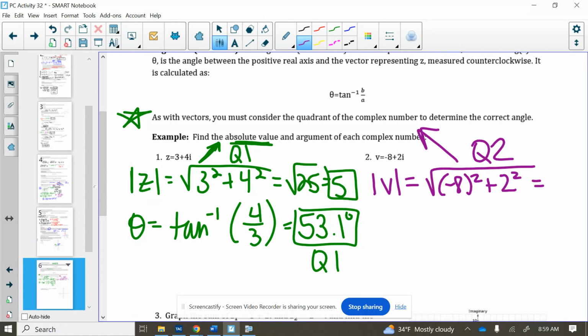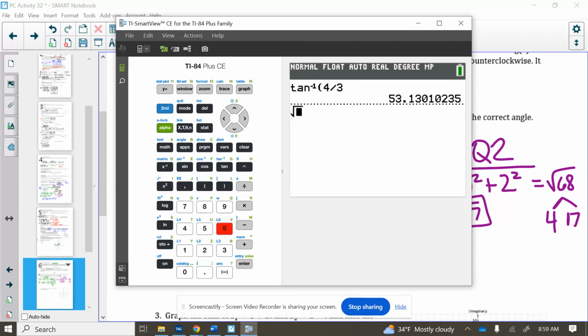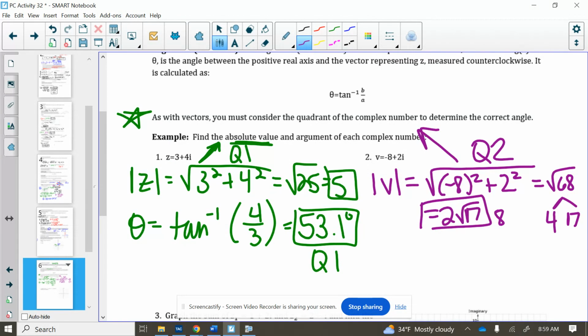So 64 plus 4 is 68, which, if we're looking for the exact answer, can be broken down: square root of 4 is 2, and then square root of 17. You could also have the rounded answer potentially, depending on the problem. Square root of 68 is 8.2 if you are rounding to the nearest tenth.